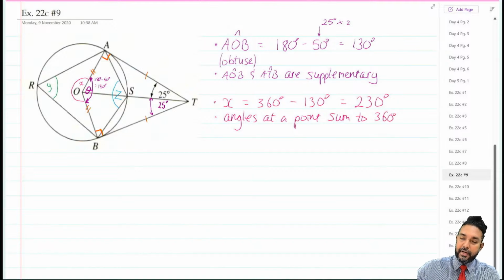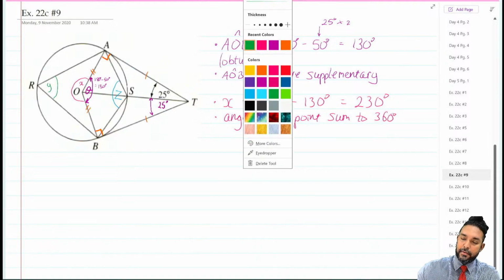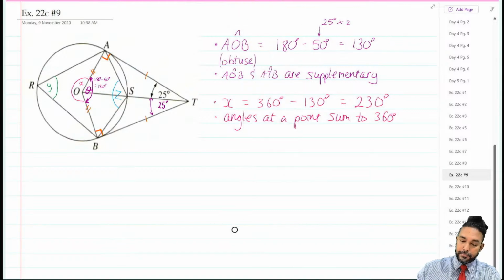Right? Now to find angle y, if you look at it, it's the kind of arrowhead rule, right? Which means that the angle at center, that same purple angle AOB that we found initially at the top in the purple, right? AOB is double ARB, the angle y.